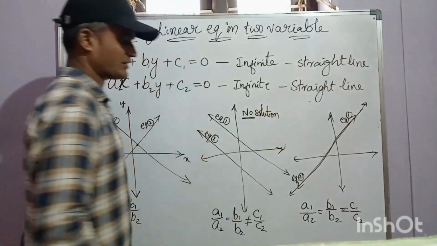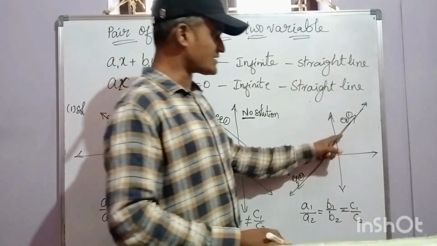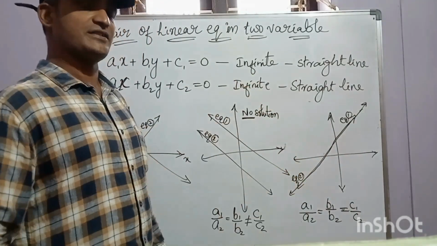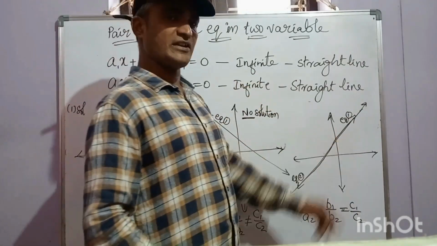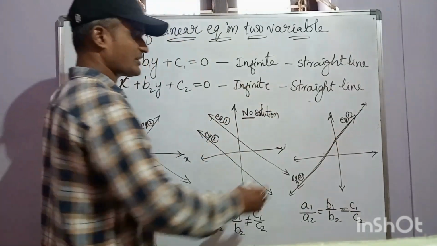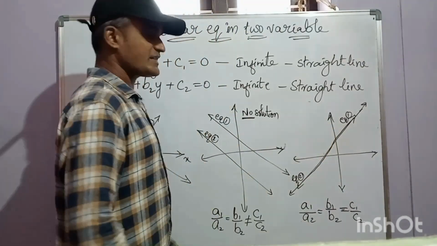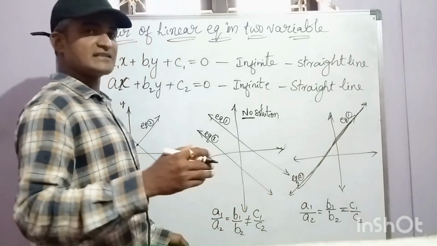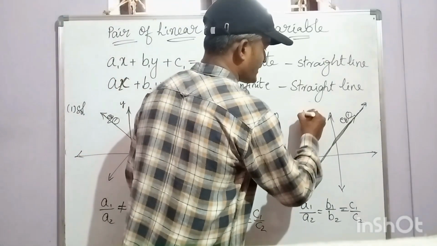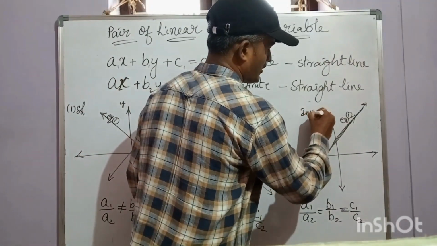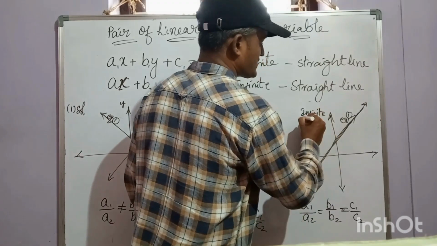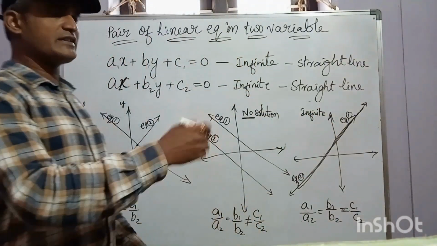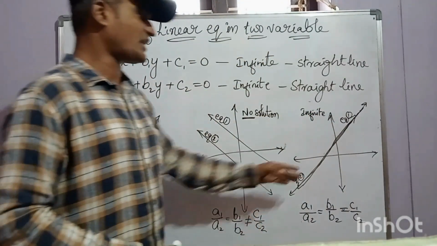But here you can see the lines are overlapping each other. If the lines overlap, they are coincident lines, and the first line and second line both have the same infinite solutions. The first equation's solution is also the solution of the second equation.